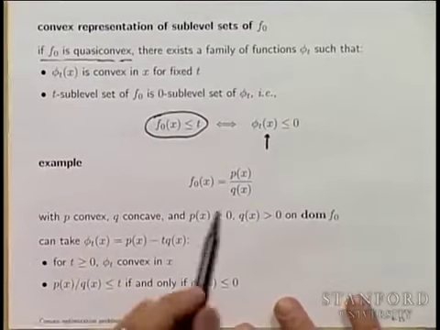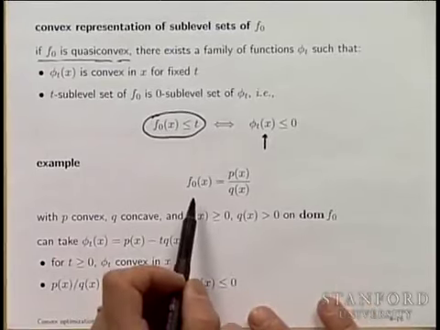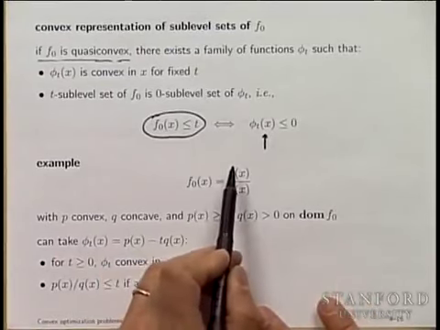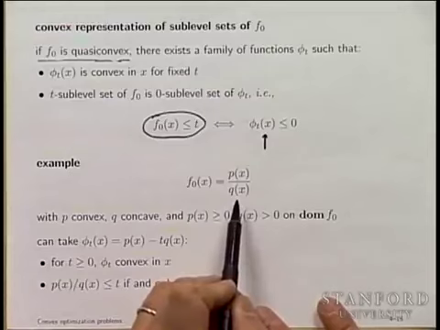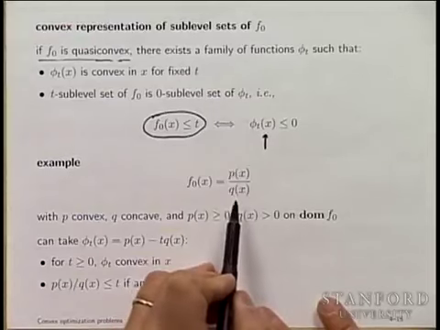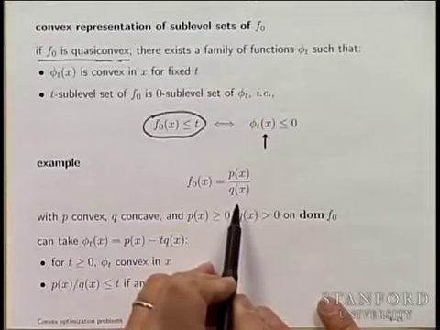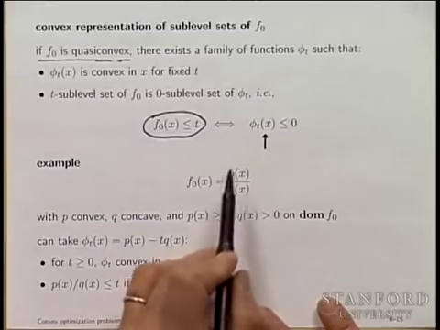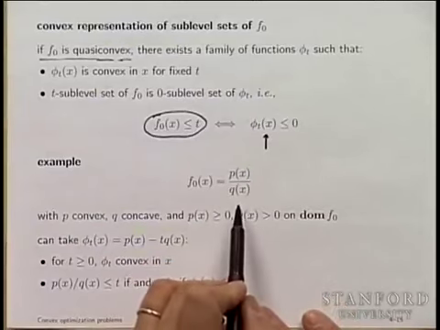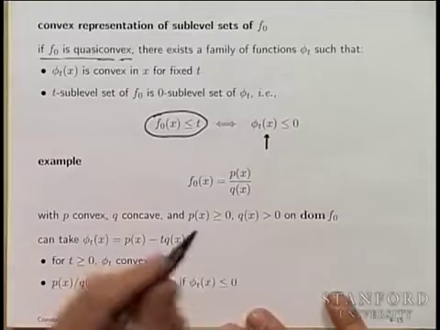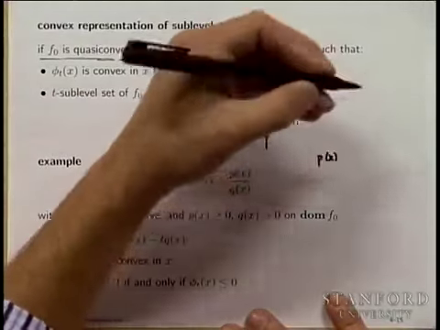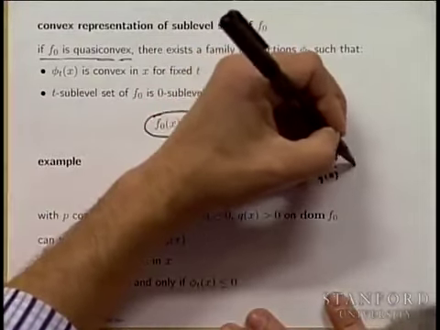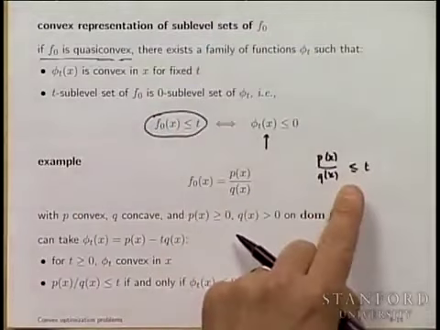Here's an example. It's a general fact that if you have a ratio of a non-negative convex function to a positive concave function, this function is quasi-convex. It's very easy to show. You want to know: is that a convex function of x?